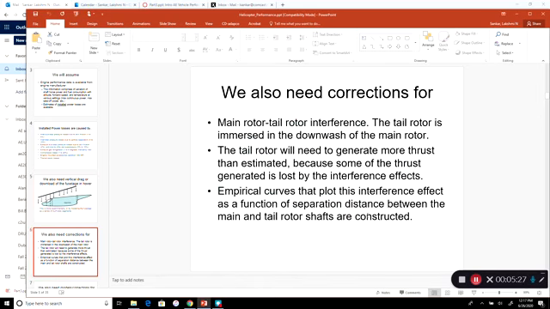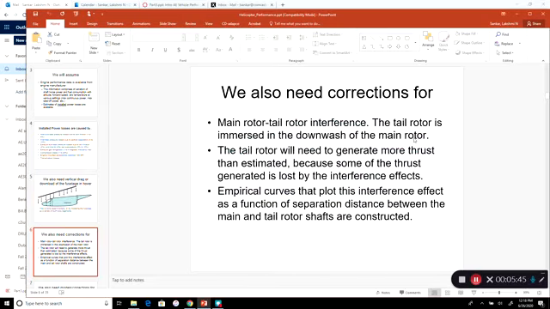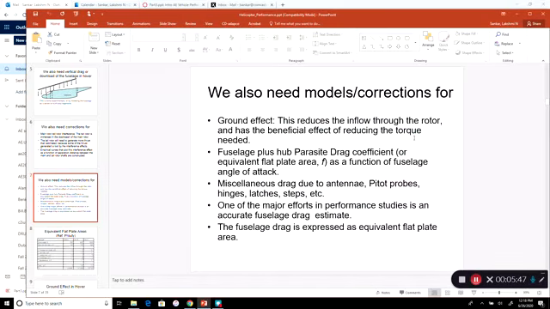We also need corrections for main rotor, tail rotor interference, because the tail rotor is operating in the wake of the main rotor. The main rotor has a downwash going this way. The tail rotor is sitting right in the wake structure. One possibility is we need to correct for ground effects, and for all kinds of drag components: hub, fuselage.